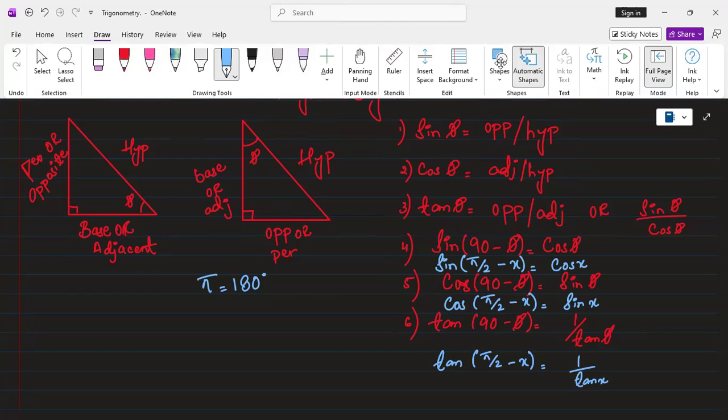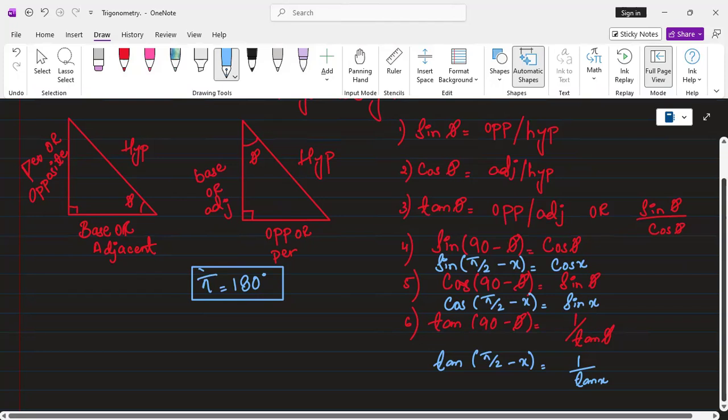So you should remember that pi is equivalent to 180 degrees. This is the conversion factor of radians into degrees.